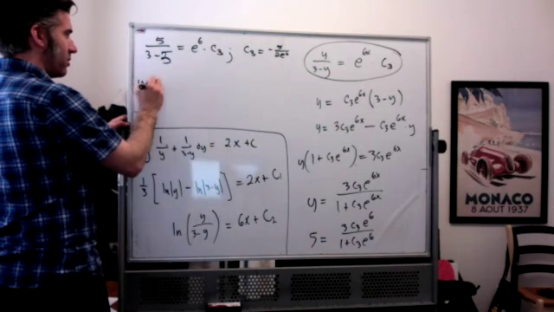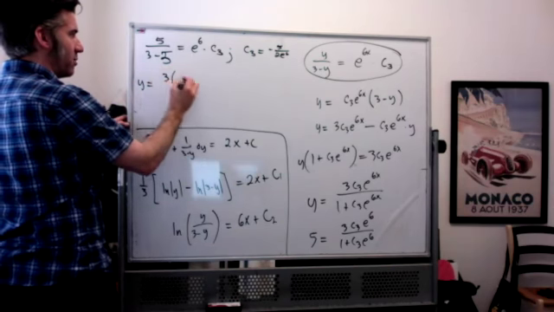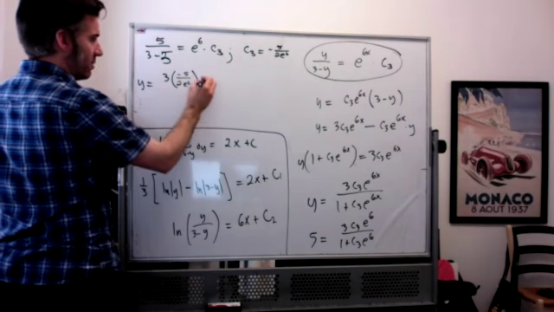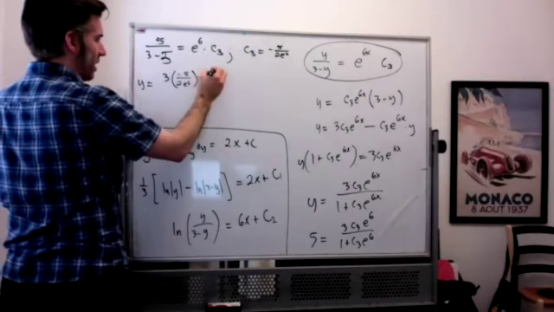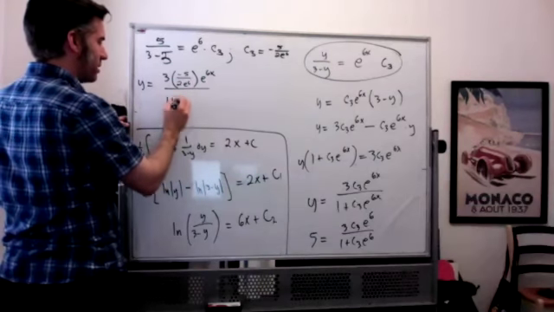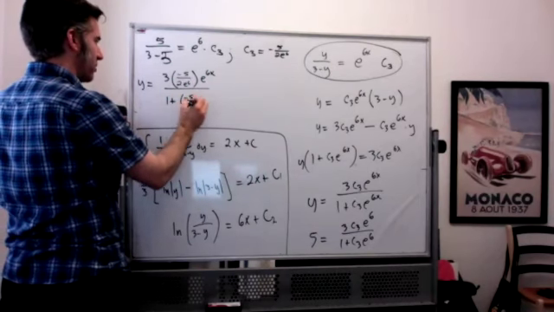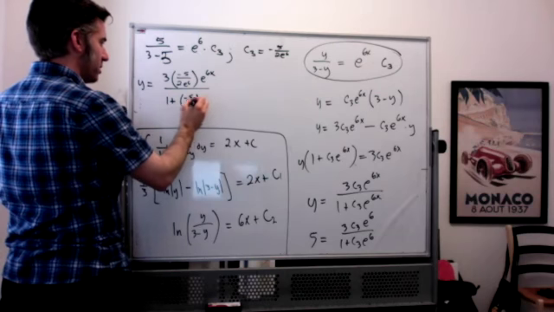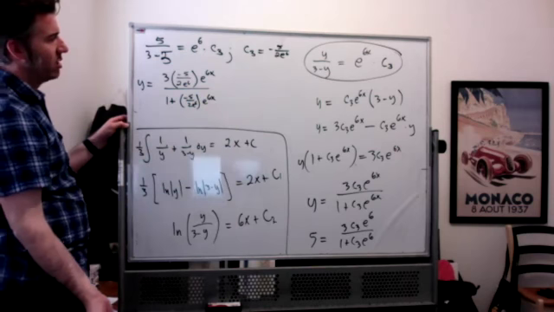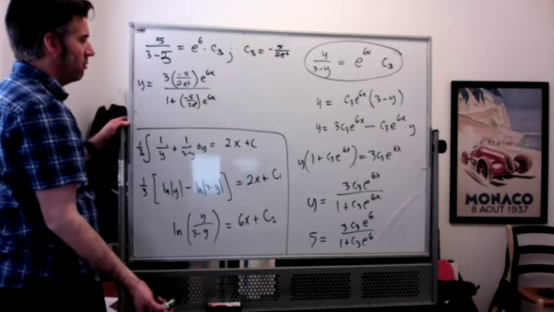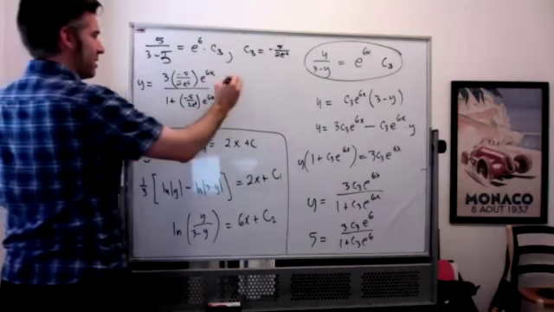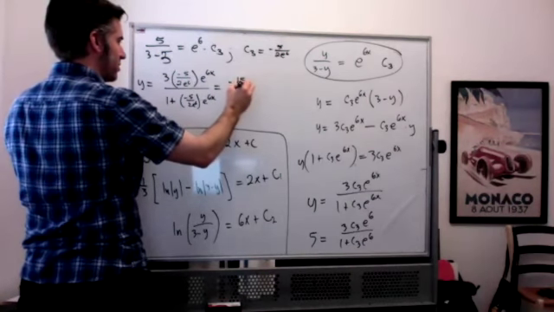You get y equals 3 times -5 over 2 e to the 6th times e to the 6x over 1 plus -5 over 2 e to the 6 e to the 6x, which feels kind of dumb, but you can simplify it a little bit. 3 times -5 halves is -15 over 2.